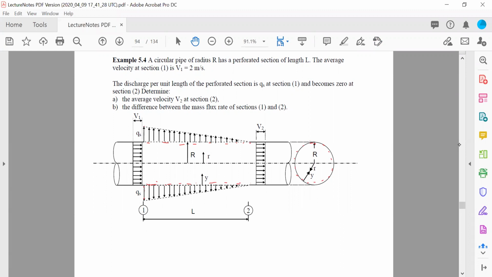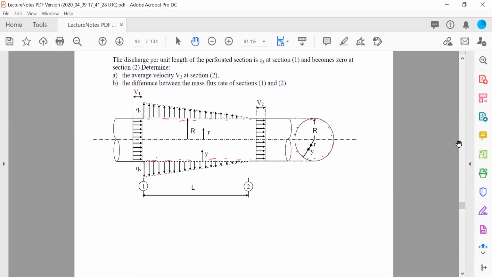It is given that we have constant velocity at this inlet, and the velocity distribution is given like this in the perforated section, and the average velocity given as V1, but we will not use these numerical values, but we will just use the letters.